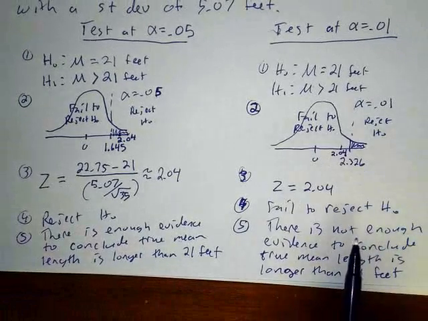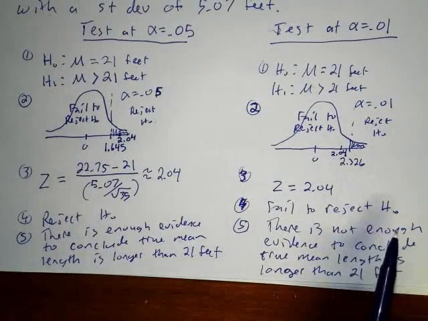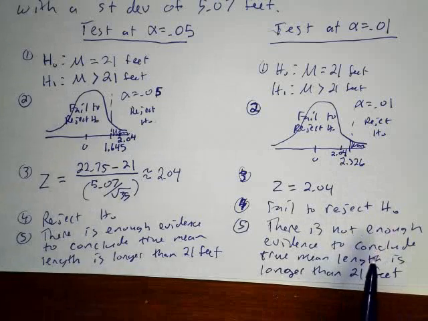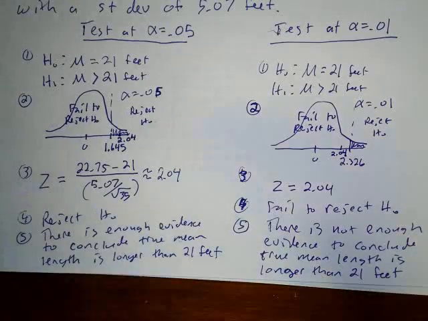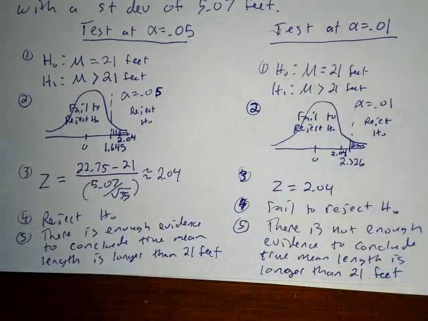So when we performed it at the 0.01 significance level, there was not enough evidence to conclude that the true mean length of the sharks was longer than 21 feet. So either the sharks off the coast of Bermuda are longer, or they're not.